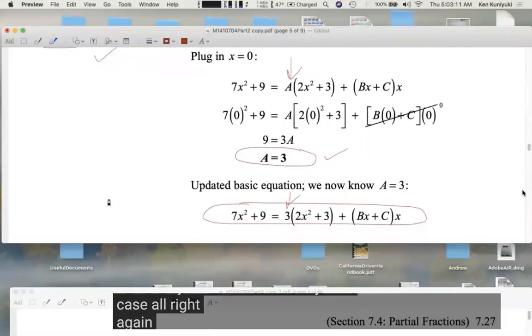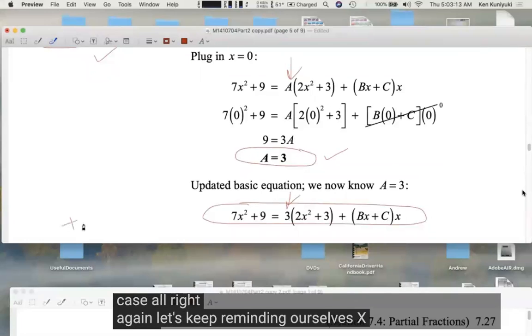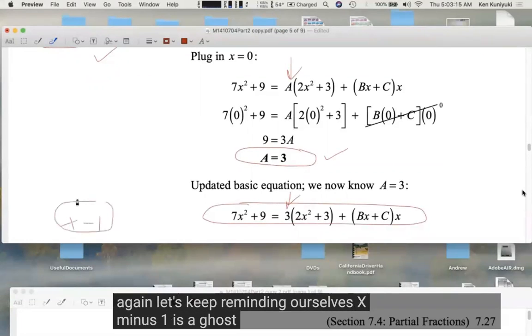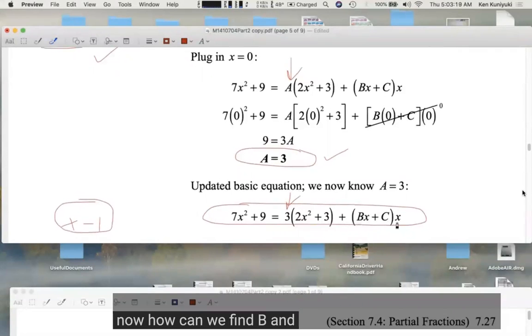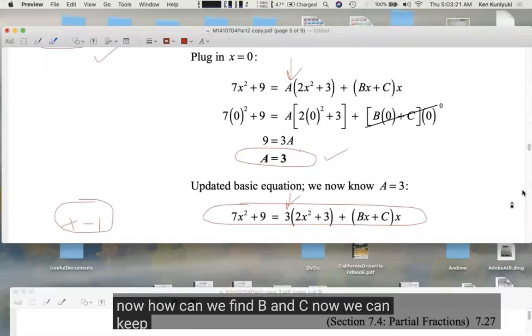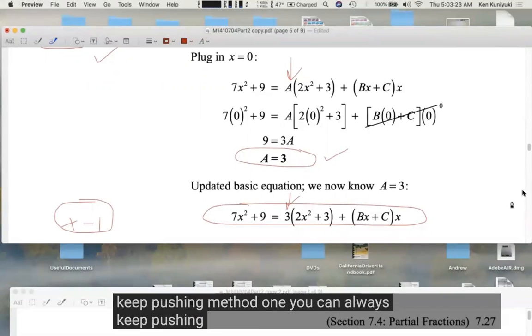All right. Again, let's keep reminding ourselves x minus 1 is a ghost. Now, how can we find b and c? We can keep pushing method 1. You can always keep pushing method 1. Use other real values for x, maybe 1, maybe -1, maybe 2. Basically, you can plug in a couple more values for x, and you can solve a system.